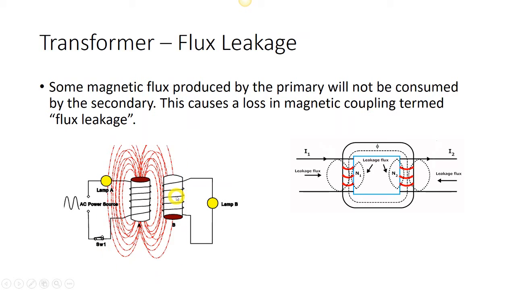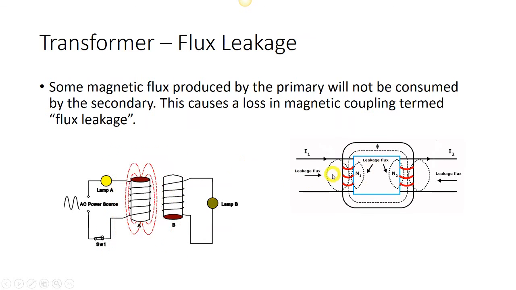They're right on top of each other, and we try to minimize this flux leakage. This is just an exaggeration so you can understand the concept that not all those produced magnetic field lines are consumed by the secondary coil and therefore will not be used, and that is a loss.